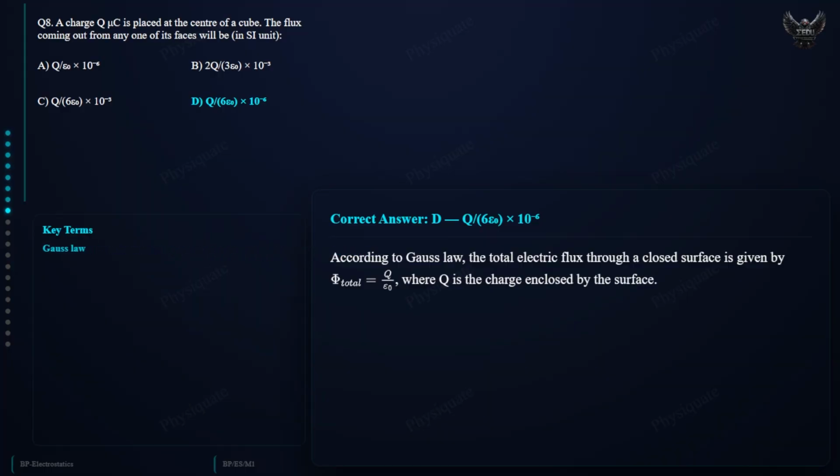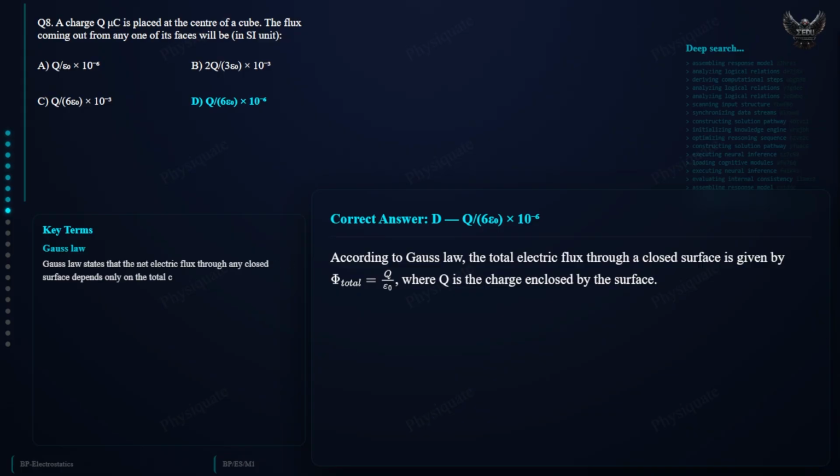Now let us consider Gauss' law. Gauss' law states that the net electric flux through any closed surface depends only on the total charge enclosed inside the surface. A cube has 6 identical faces.